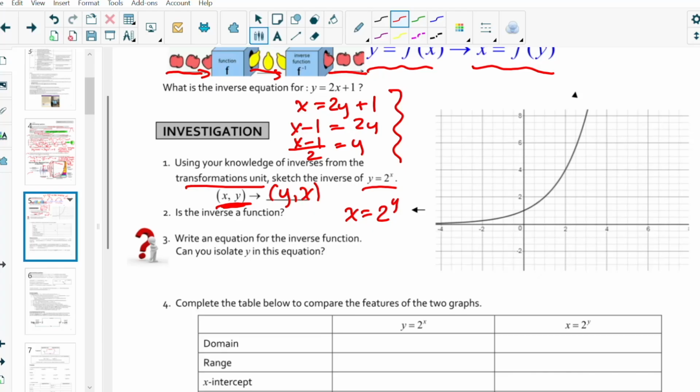For now, you can generate a table of values by hand. Pick values for y, since we don't yet know how to solve for a variable that's an exponent, and then get values for x.